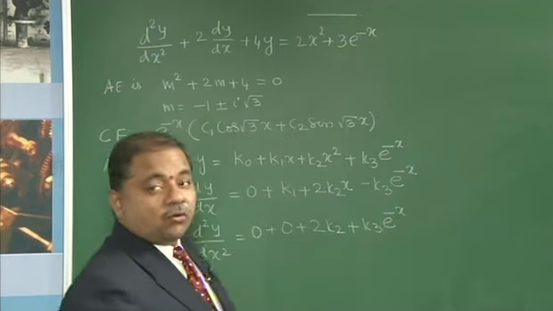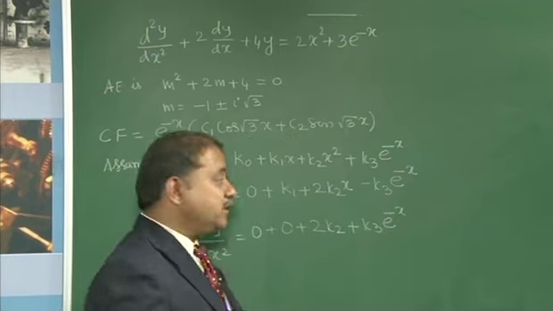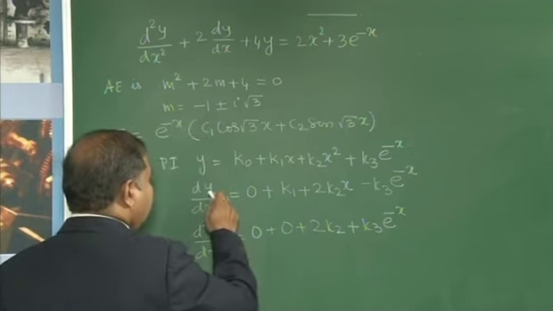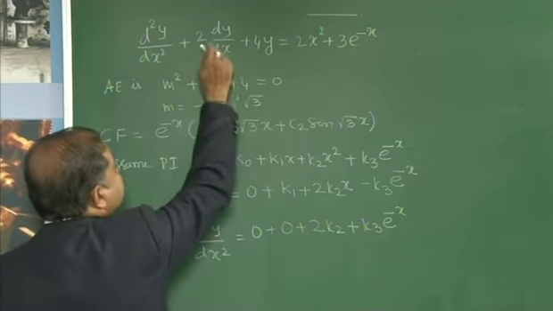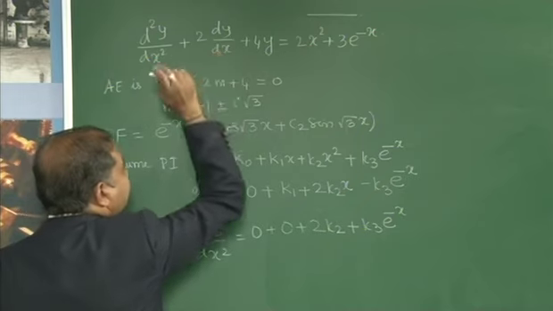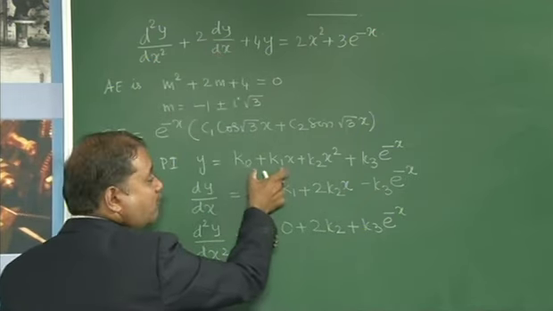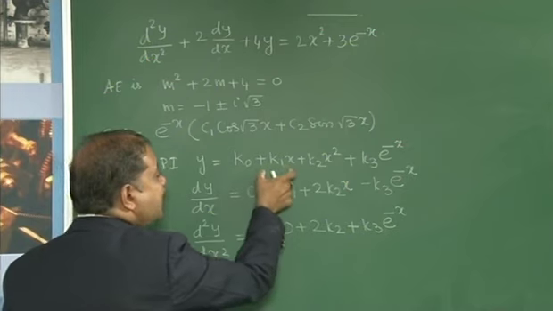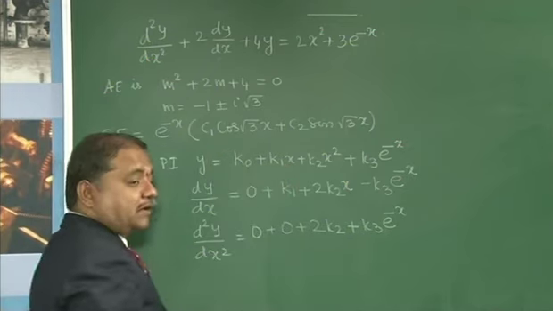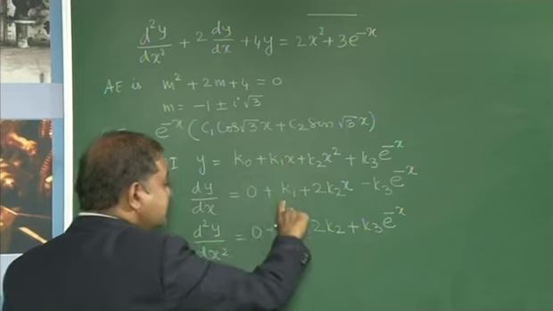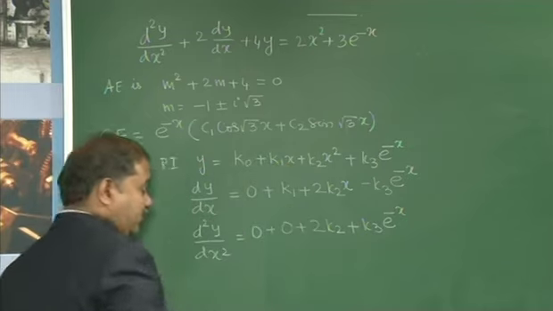You may ask, why have you differentiated twice? See, y, dy by dx and d square y by dx square are there in the given question. So this assumption of particular integral will satisfy the given equation. So I am going to substitute these three quantities in the given equation.